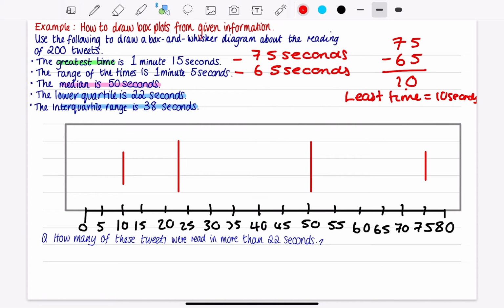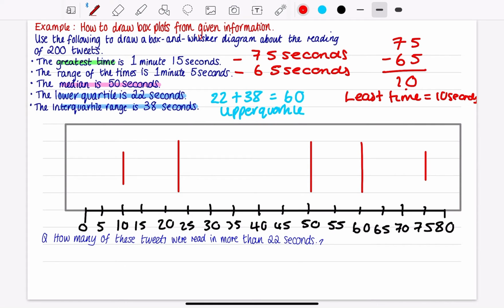As the interquartile range is the difference between the upper and the lower quartile, I can take the lower quartile value and add the interquartile range. Adding those together will give me a value of 60 for my upper quartile. I can then place that on my diagram. So far, I just have lines.